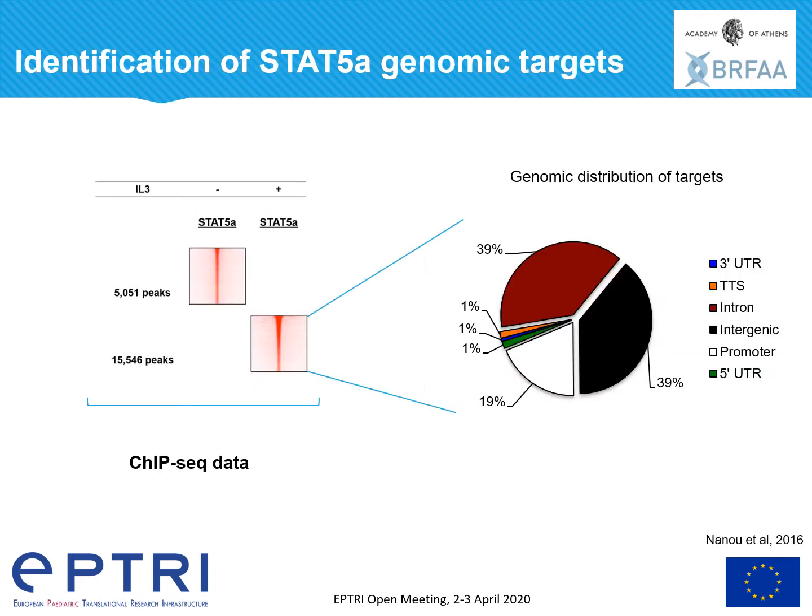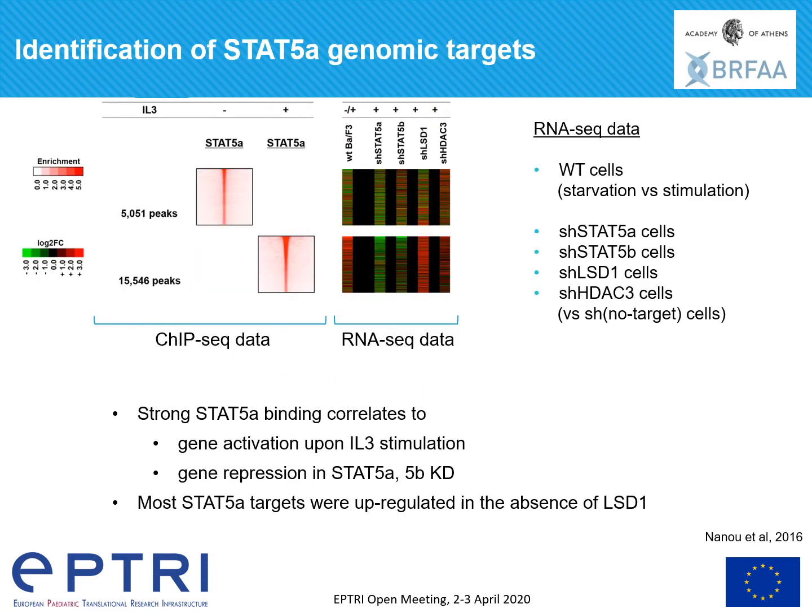For STAT5A, in IL-3 stimulated cells, we obtained around 15,000 STAT5A peaks, genomic regions that bind STAT5A, which were located in introns, in intergenic regions, and in a smaller percentage in promoters.